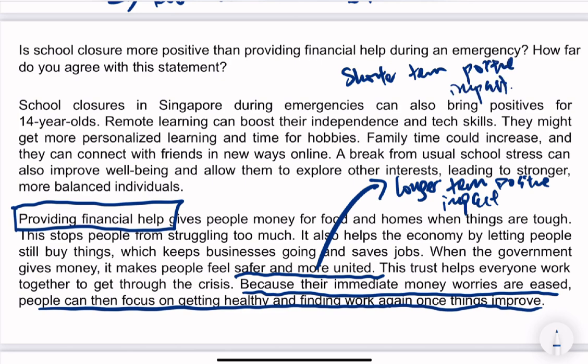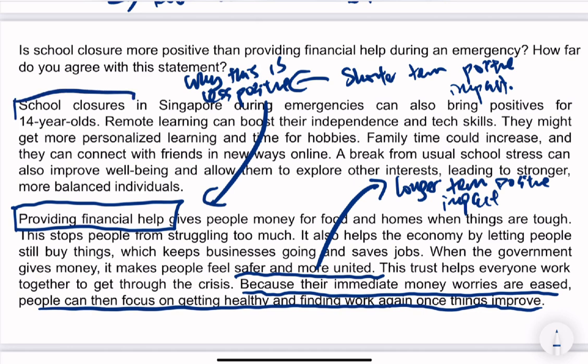So just to take note, when you are explaining one over the other, yes, you have to explain why one is more important than the other. But like what I did earlier on, I actually explained why this is less positive than this point. Why is this less positive? Because it's shorter term.